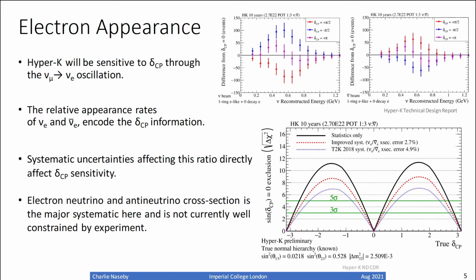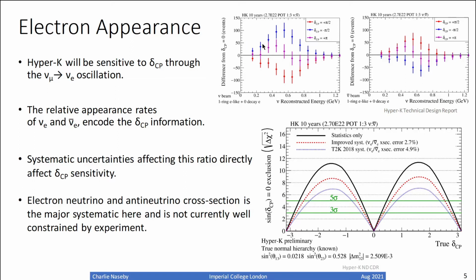So next, how do we actually measure delta CP at Hyper-K? Well, we'll be sensitive to it by looking at the oscillation of muon neutrinos into electron neutrinos and their antineutrino counterparts. The impact of CP violation is to change the relative appearance rates of electron and anti-electron neutrinos.